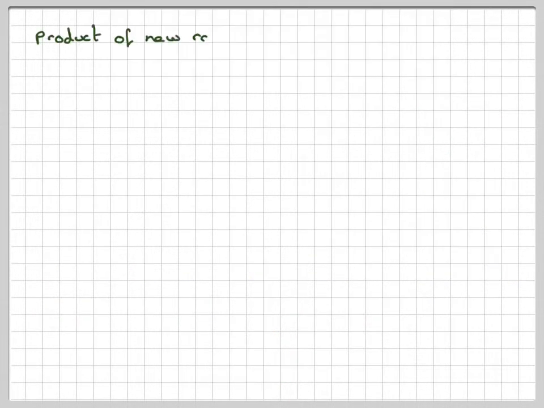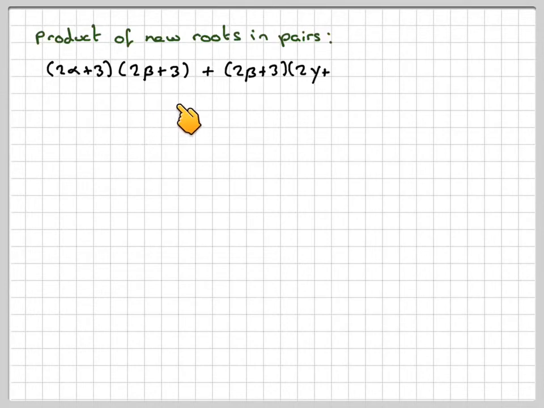Right, the product of the new roots in pairs. So it's going to be 2 alpha plus 3 times 2 beta plus 3, plus 2 beta plus 3 times 2 gamma plus 3, plus 2 alpha plus 3 times 2 gamma plus 3.